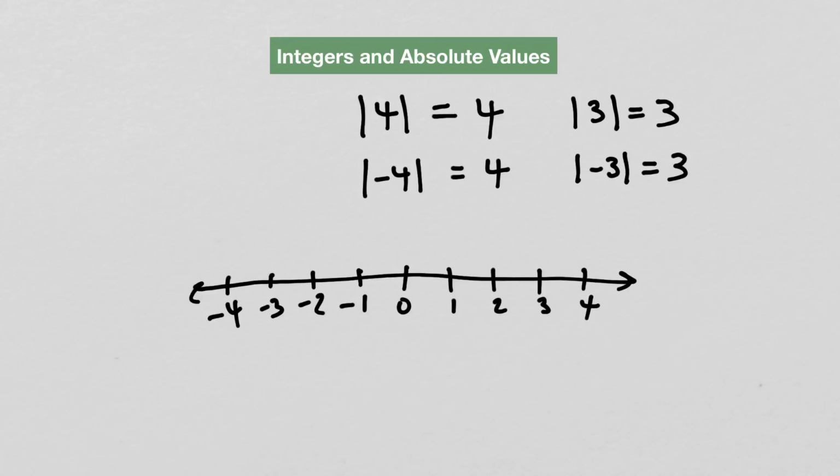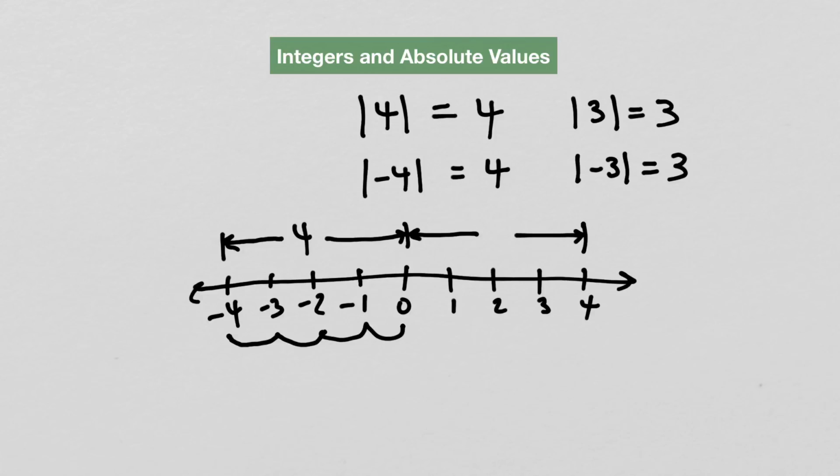In this first example, the absolute value of 4, all that's saying is the distance from 0, okay, this distance is 4, right? Because if you start at 0, you go to 1, to -1 is 1, to -2 is 2, to -3 is 3, and to -4 is 4. So that's 4. Likewise, the distance from 0 to 4 is also 4.